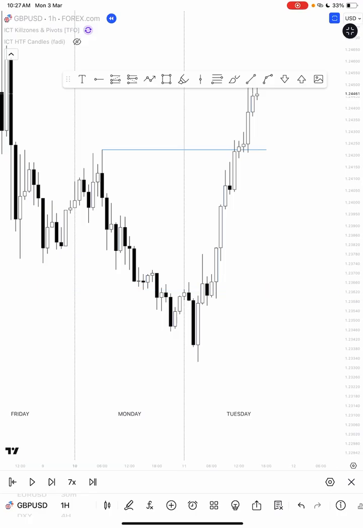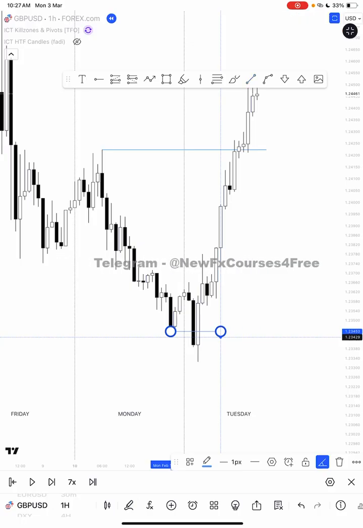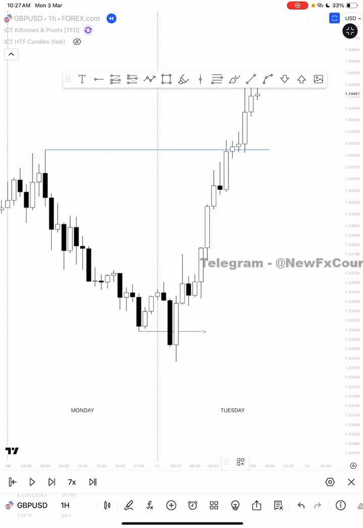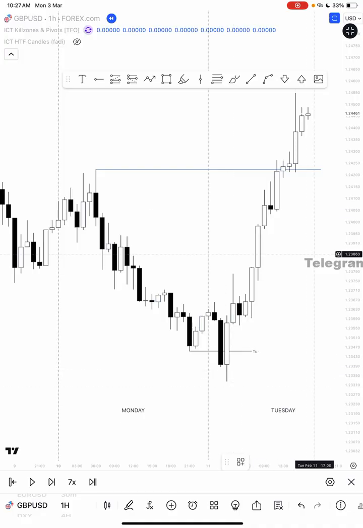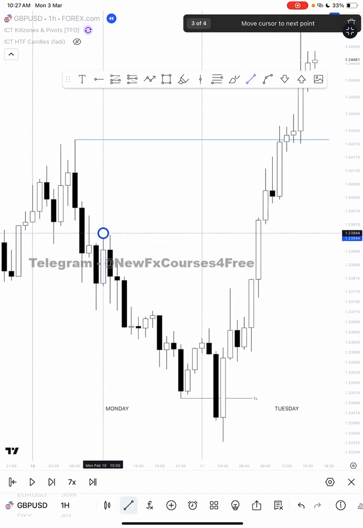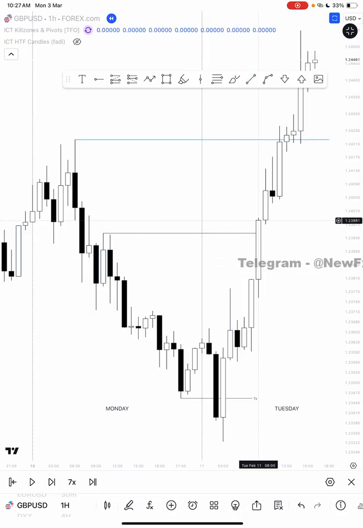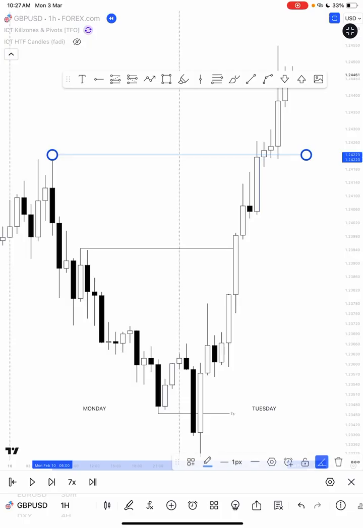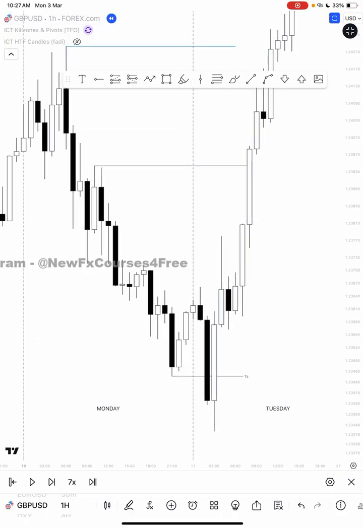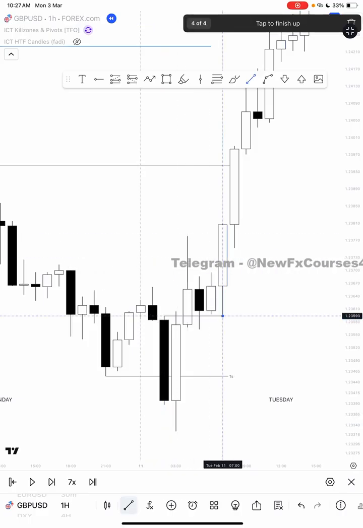So here, Monday's low was swept by Tuesday's price action, and I entered below here, and my final target was here, but I took partials at 50% of the Monday's range, which is this. I took my partials here, then I held to the final target, which is the Monday's high or previous day high. So here, turtle soup, and you got your order block here.